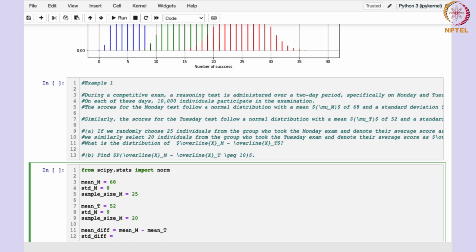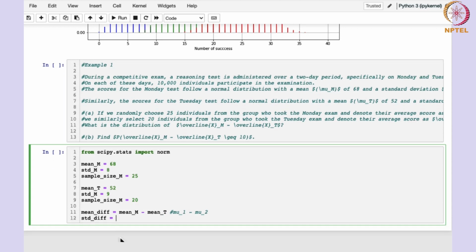So maybe I could write here, comment it: mu1 minus mu2. And for the variance, it is sigma 1 square over n1 plus sigma 2 square over n2. In this case, since we are writing the standard deviation, we also need the square root. We can use NumPy's square root function, np.sqrt.